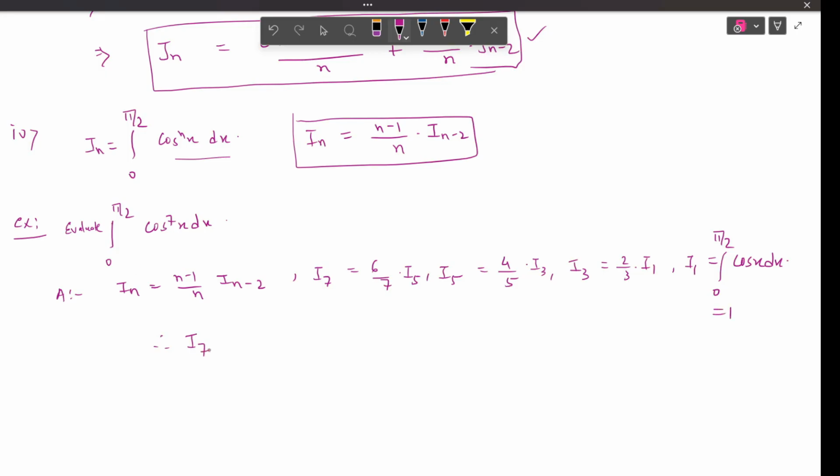So what is I7? I7 is 6 by 7 into I5. I5 is 4 by 5 into I3. I3 is 2 by 3 into I1. I1 is 1. So this is the answer. If you calculate, you will get 16 by 35.